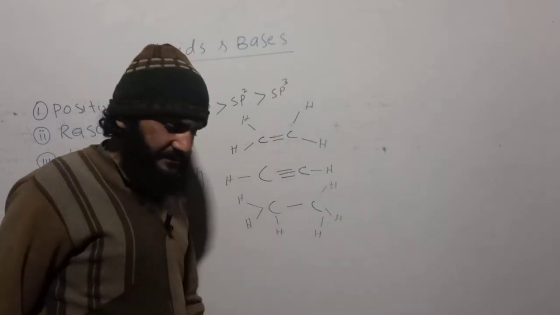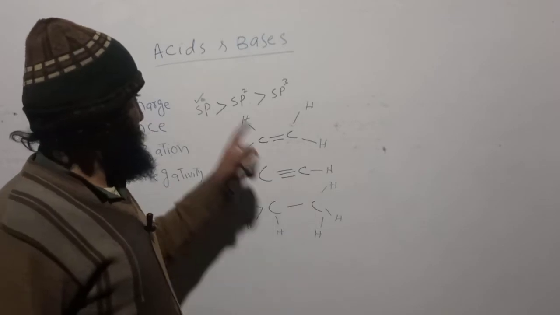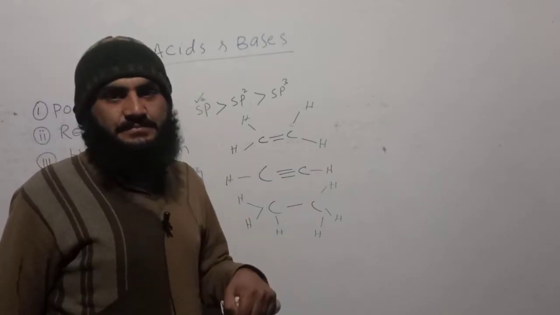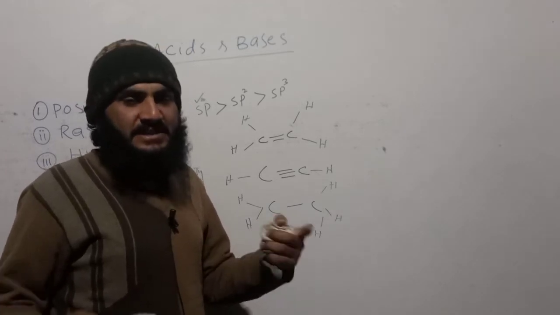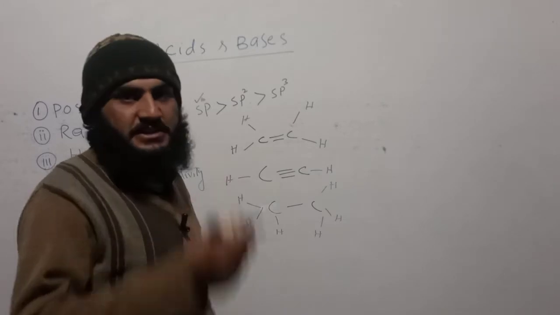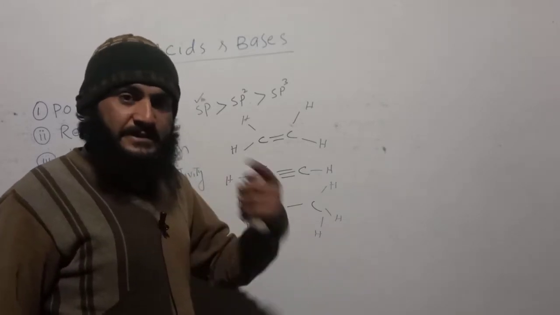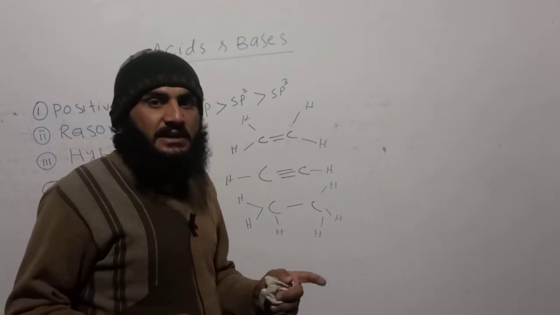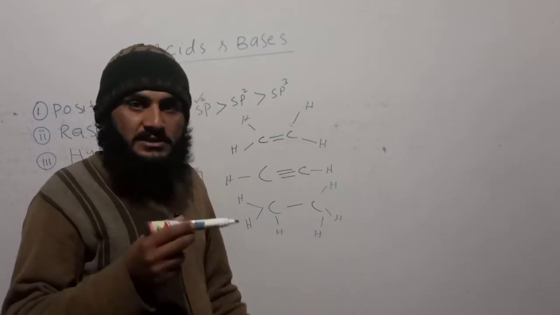So a carbon atom having sp hybridization will have more s character. If the s character in any carbon atom is more, its electronegativity increases. If its electronegativity increases, the acidity of the species increases.